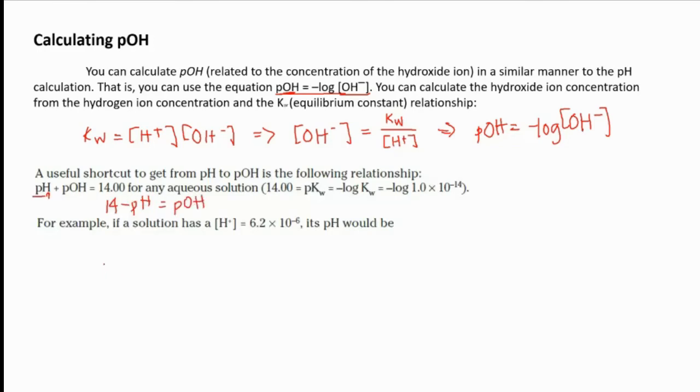So for example, if a solution has an H plus of 6.2 times 10 raised to -6, its pH and pOH would be, ano yung pH niya? I-compute.